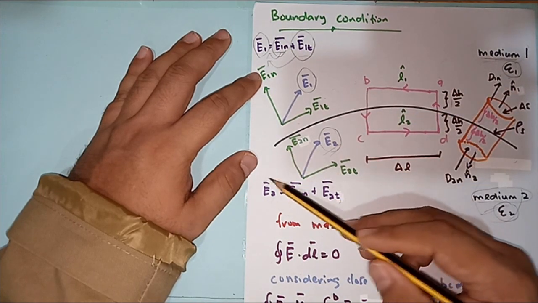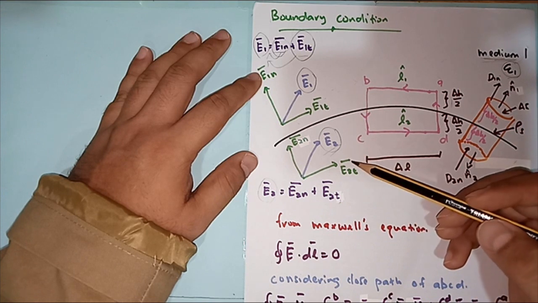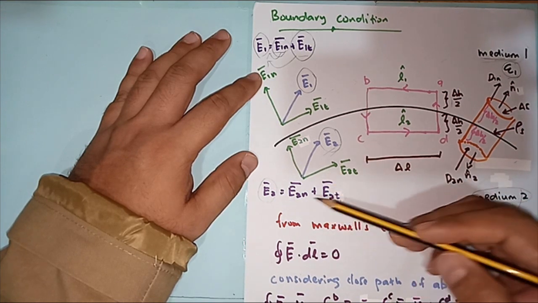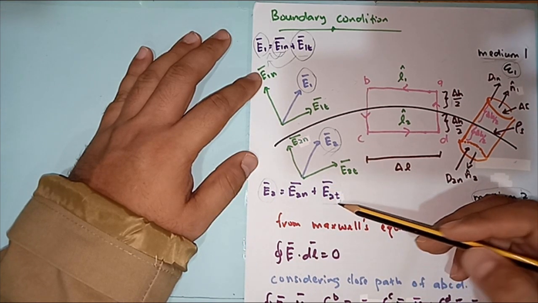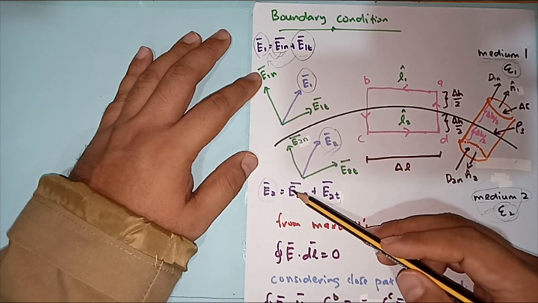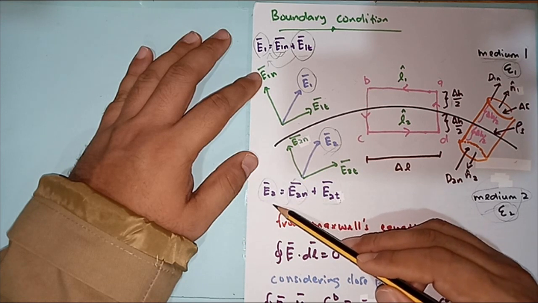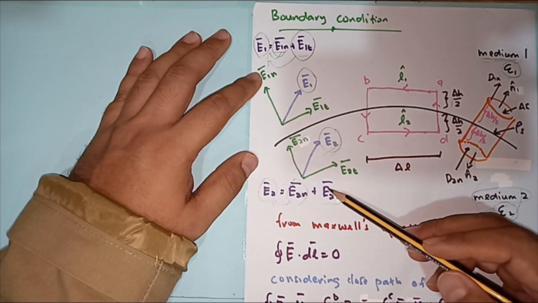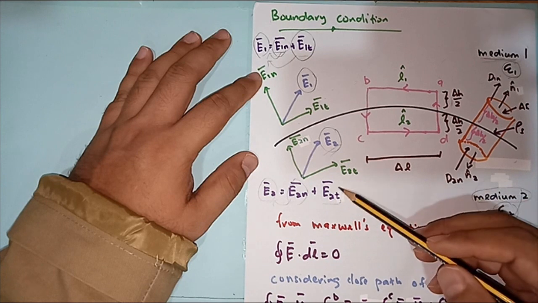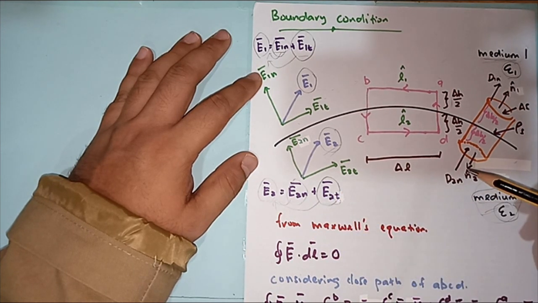The same goes for vector E2, which can be divided into normal and tangential components, where vector E2 is equal to vector E2n, the normal component, plus vector E2t, the tangential component.